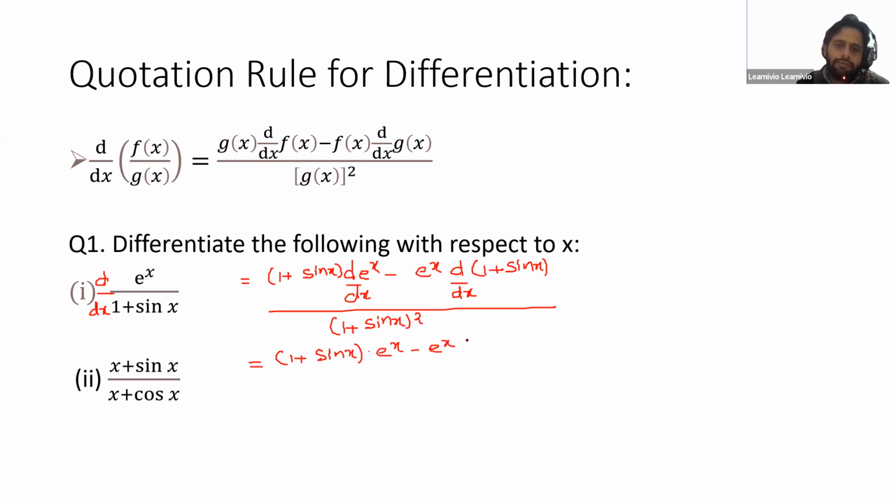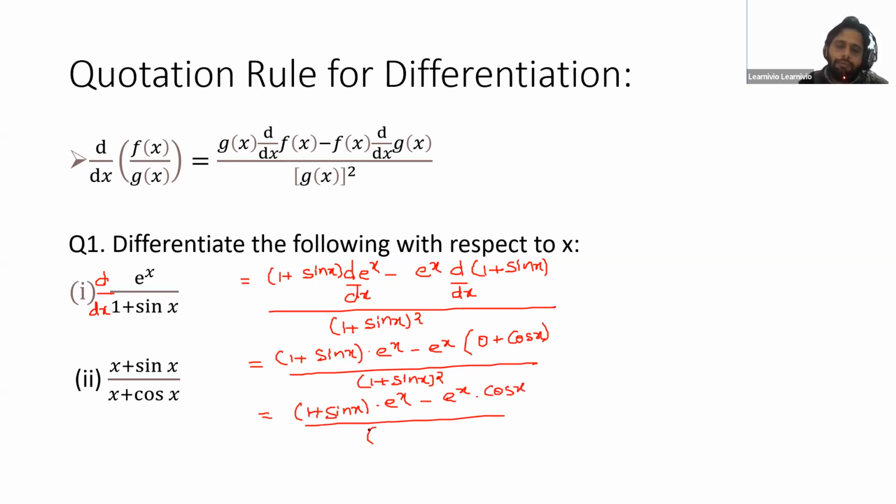We will differentiate this one. The derivative of 1 is 0 and the derivative of sin is cos x, by 1 plus sin x square. This is equal to, open this bracket? No, sorry, there's no need to open the bracket because we can't solve it further. So minus e to the power x into plus cos x by 1 plus sin x whole square. This is clear, Yusra? Yes, sir. Okay, very good.